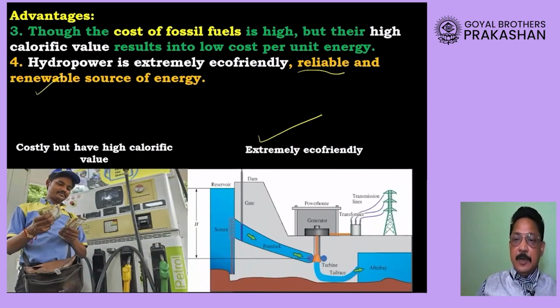That means as long as the earth is present, water will be available, and as long as water is available, we can keep on producing this hydroelectricity. So therefore these are some of the very important advantages of conventional energy resources.